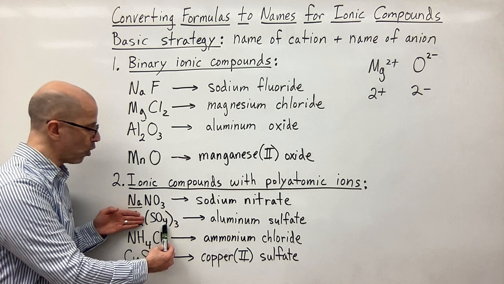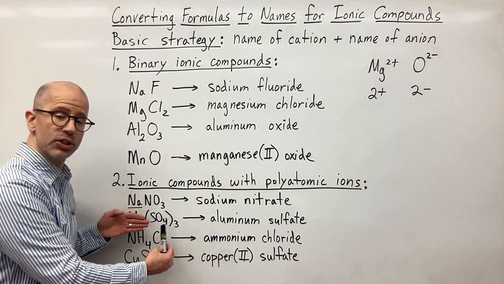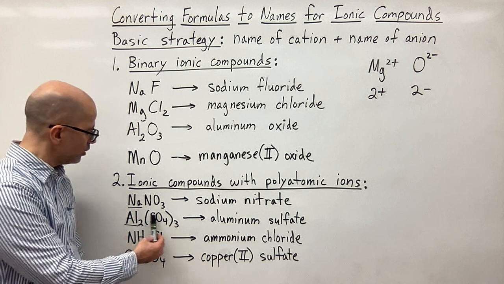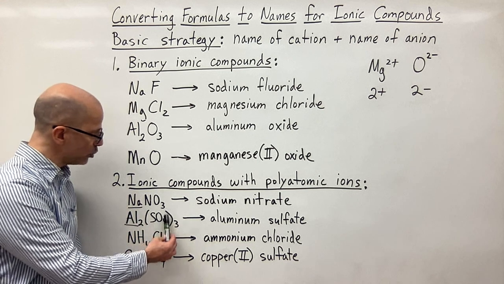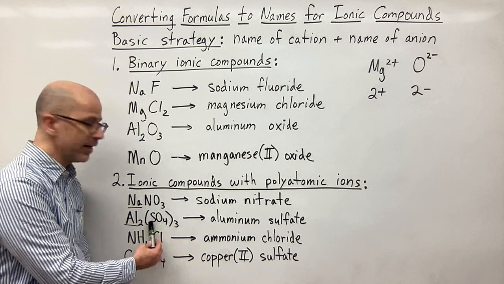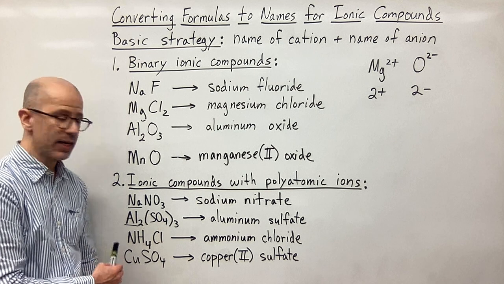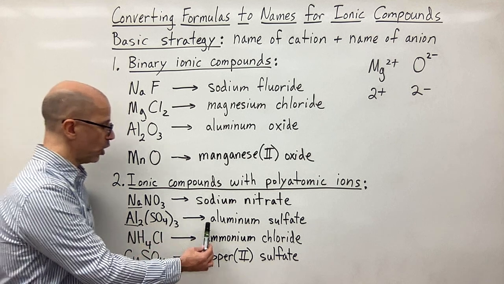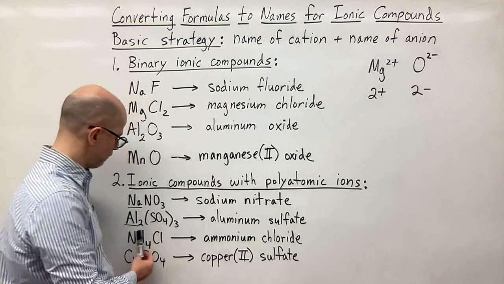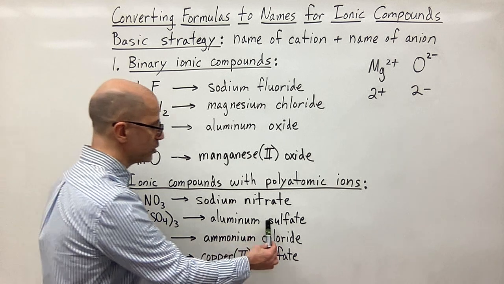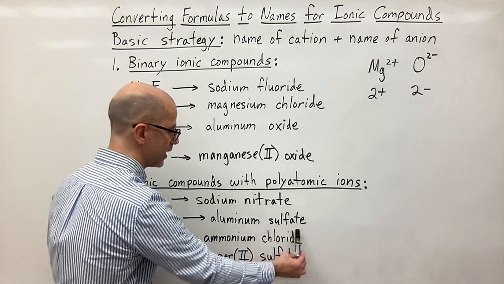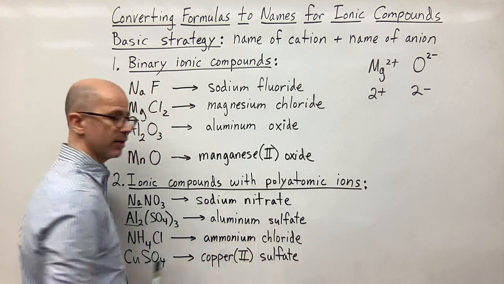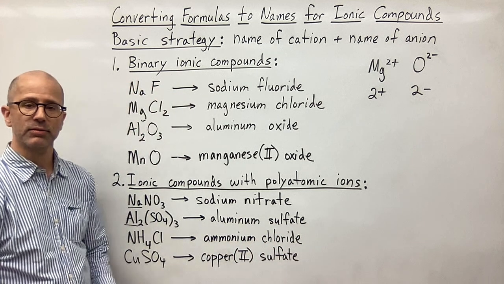So SO4, I need to know the charge and the name of that. SO4 has a 2- charge. That is your sulfate ion. So this is the sulfate ion, this is the aluminum ion. Aluminum is the first name, first ion, and then sulfate is the second ion, so that's the second name. So aluminum sulfate is the name of that compound.